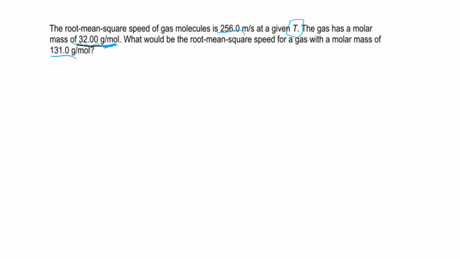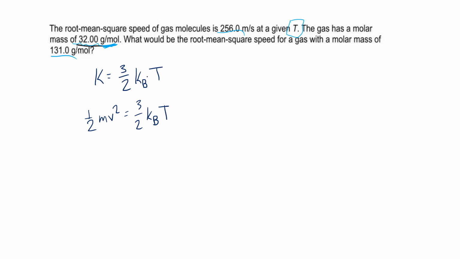So we're going to jump into that formula we were just talking about here. We know that K is equal to 3/2 kBT, but we also know that 1/2 mv squared is equal to 3/2 kBT.